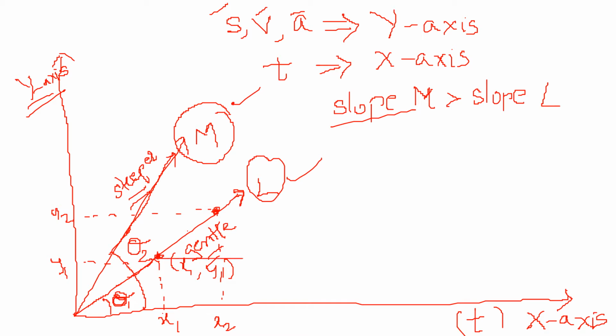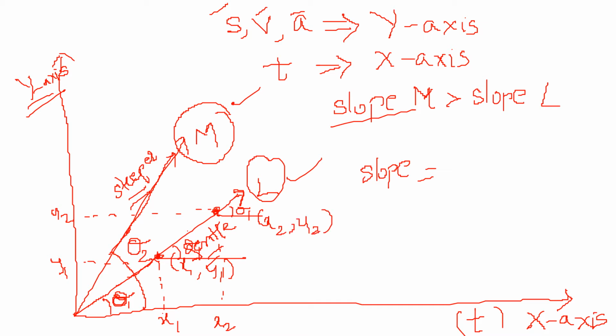If I draw a line here, this angle will also be theta 1. So if we want to find the value of the slope, we consider any 2 points on the line and find their coordinates: here x1, y1 and here x2, y2.